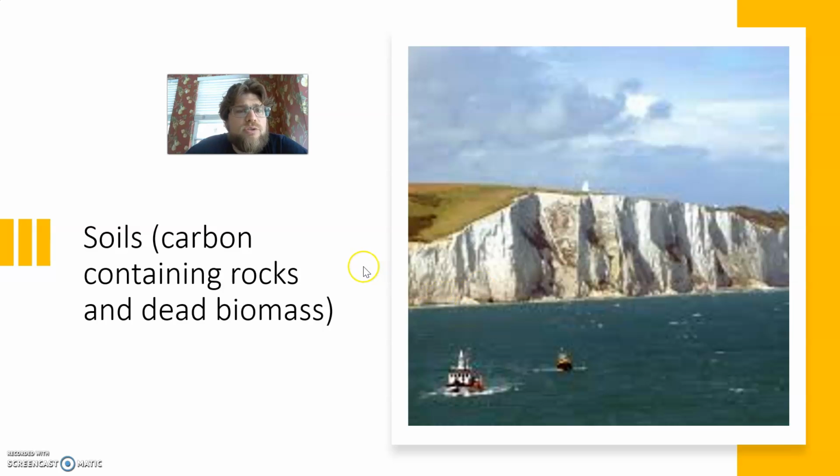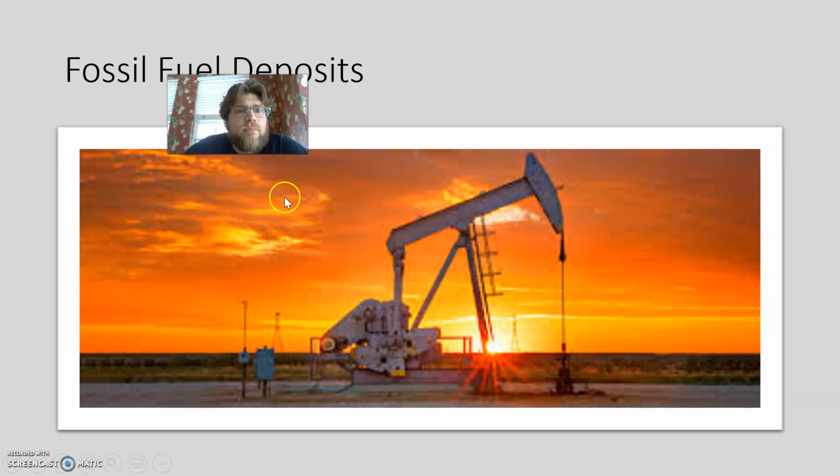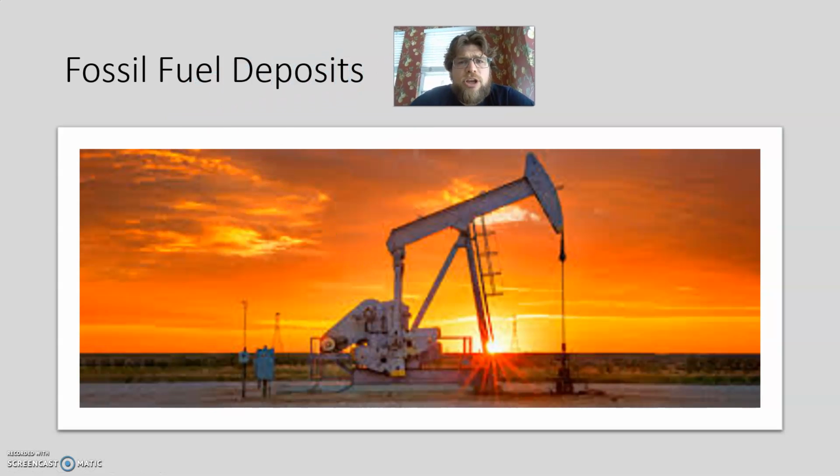But carbon can be stored here in the soils. Next, in soils or in the ocean, you can have fossil fuel deposits. So again, these were once living organisms that have died and from Earth's pressure have pushed it and squeezed it and turned it into coal or oil or natural gas. And as long as they're not released, they act as a store of carbon, a reservoir of carbon.